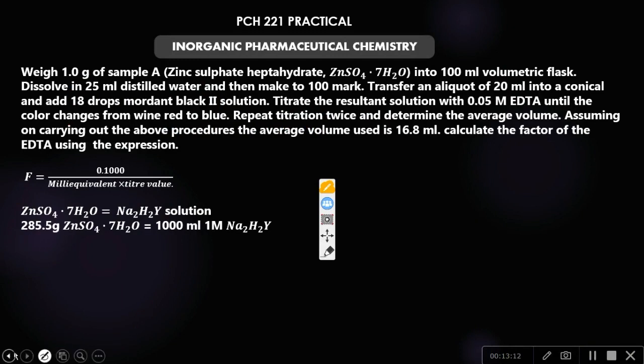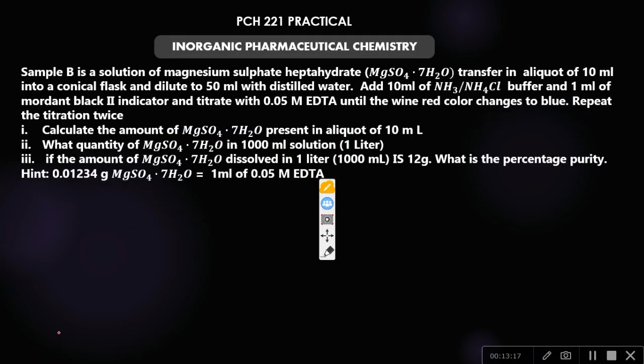Please check if there are any errors. I didn't have the time to cross-check this before solving. Say sample B is a solution of magnesium sulfate heptahydrate. It is the heptahydrate that was actually used. Are you getting it? Transfer an aliquot of 10 ml into a conical flask and dilute to 50 ml in distilled water. Now, an aliquot of 10 ml, that means out of this one, are you getting it?